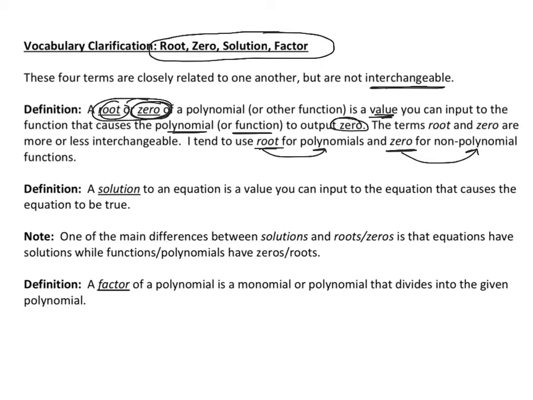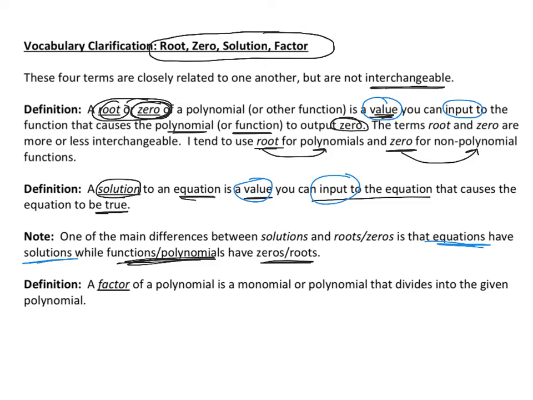So next, there's a solution. A solution to an equation is also a value. It's a value that you can input into the equation that causes the equation to be true. You may have noticed that both of these are values that are input into something, right? But one of the main differences is that a solution is something that is applied to an equation, whereas roots or zeros are something that are applied to a function or a polynomial.